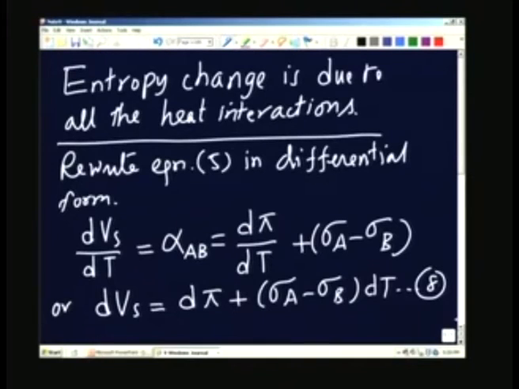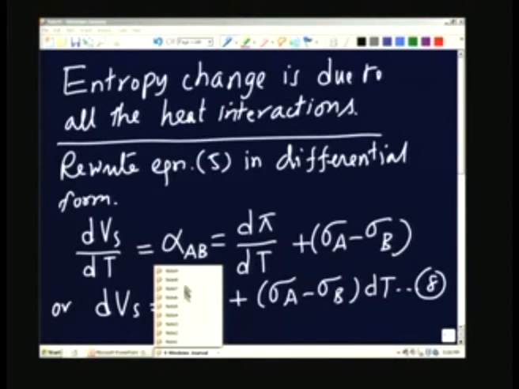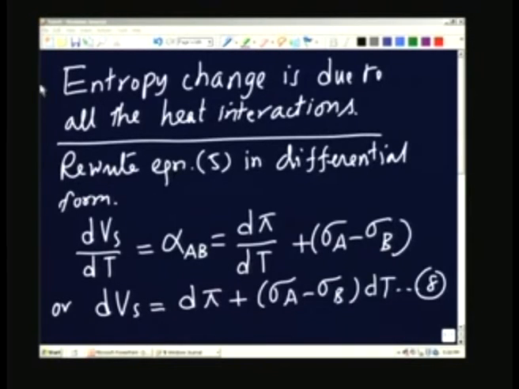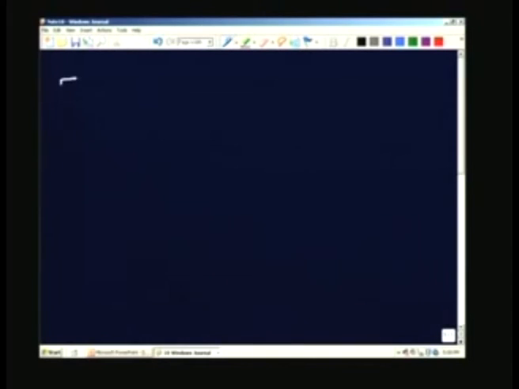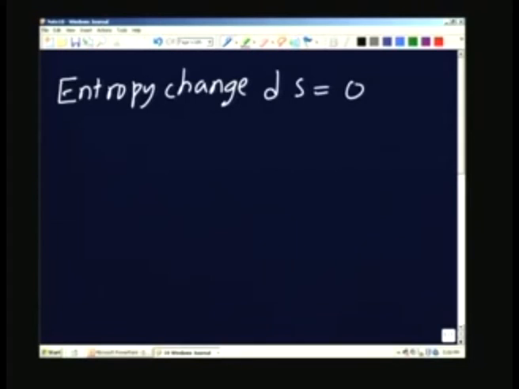So, we have the equation, and let us now write the appropriate expression for the change in entropy. I am invoking the fact that these three are reversible processes, so ds equals 0, and ds itself can be written as follows.